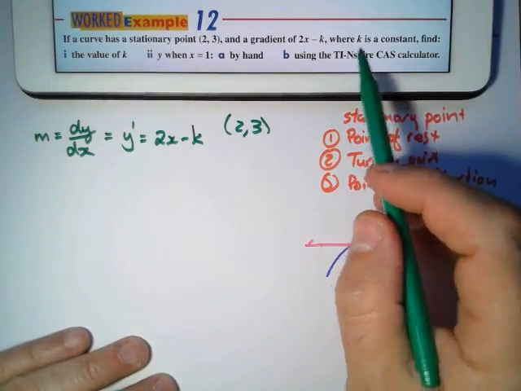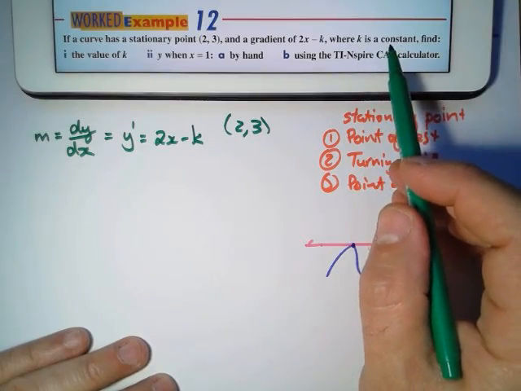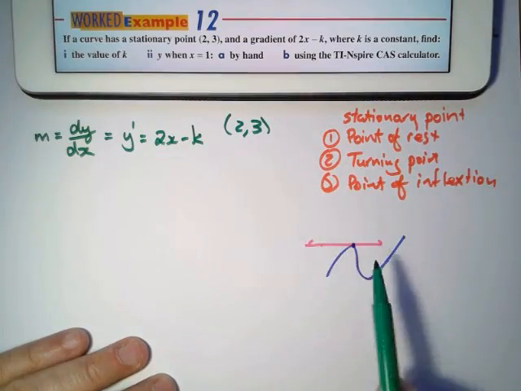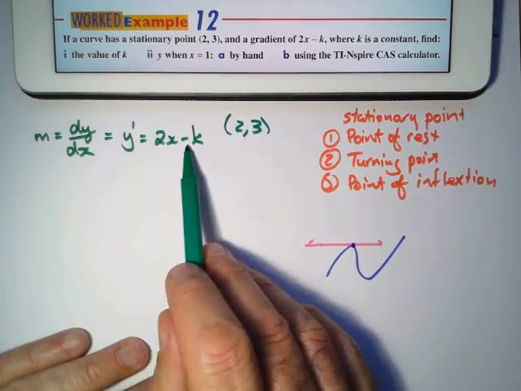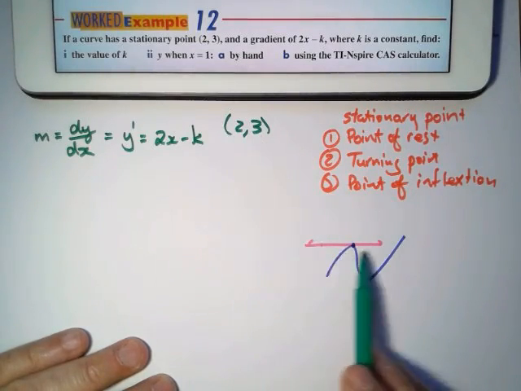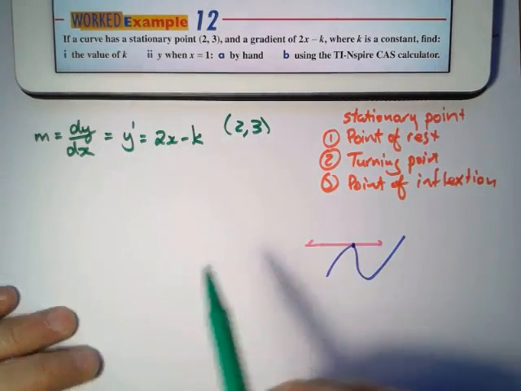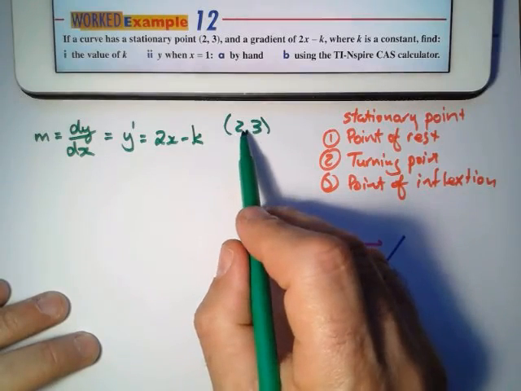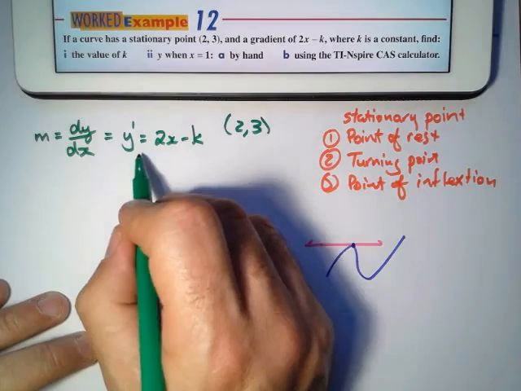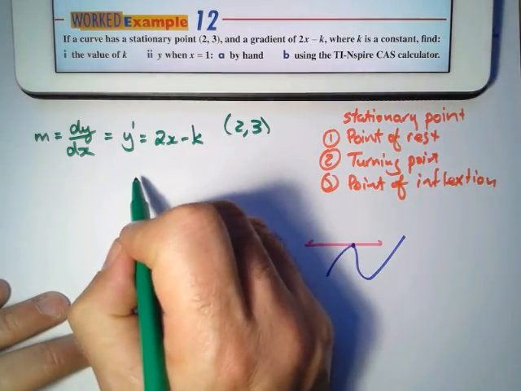They say find what k is. What's the value of k? Now I said that this 2x minus k is the gradient at any point, but I know that that point lies on that line. So if I substitute 2 and 3, and what do we know? We know that the gradient at the stationary point is 0.